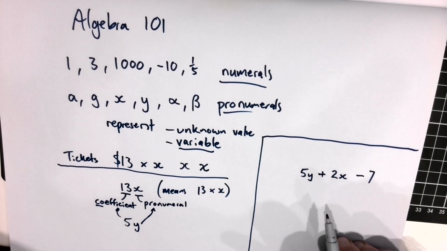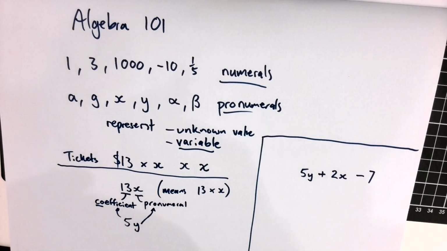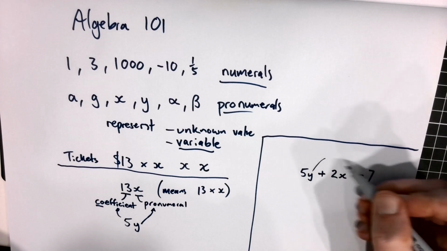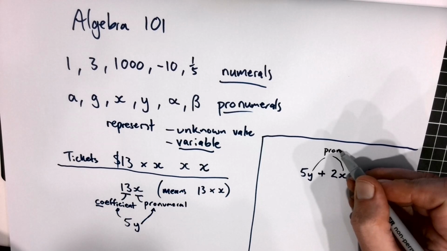And it probably won't surprise you that we've got specific words that we use for all of these things. So, you know, we already have, I'm going to change colour. We've already got these two here are the pronumerals, right? Pronumerals.